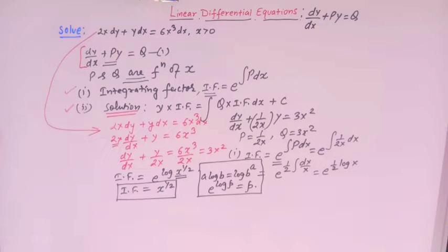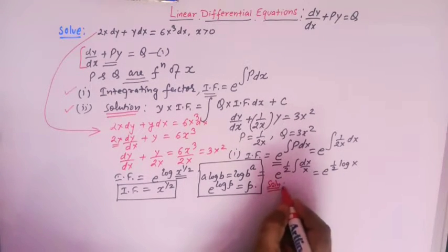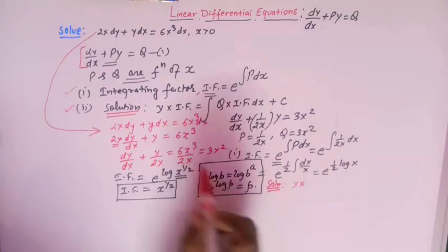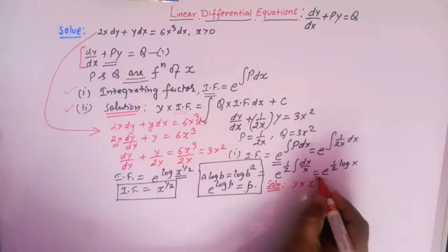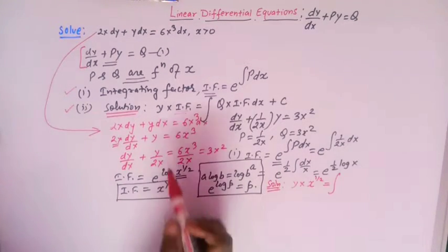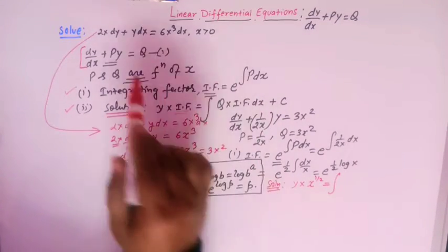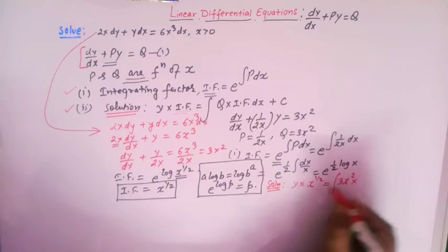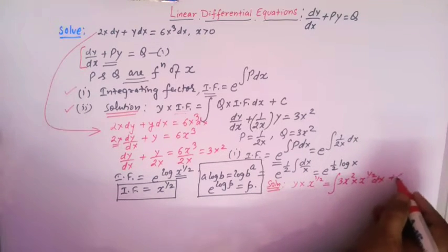Now in the second step we have to write the solution. The solution of this equation can be written as y times integrating factor, so y times x raised to half, is equal to integral of q times integrating factor, where q is 3x square and the integrating factor is x raised to half, dx, plus c.